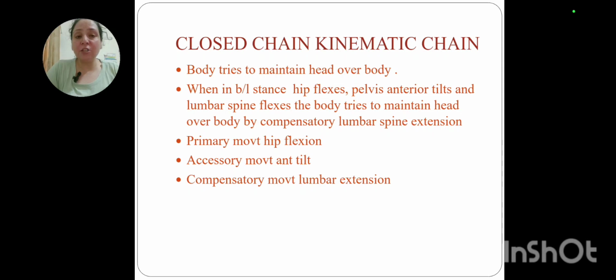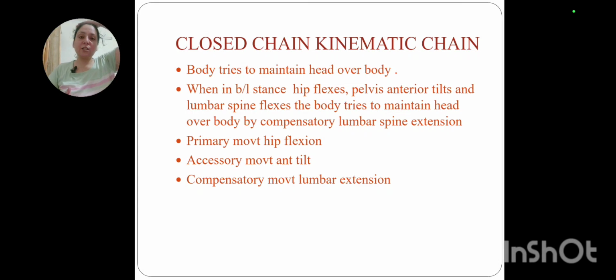That is called closed kinematic chain mechanics. Now we are trying to maintain our position, to maintain the head over the body. So in bilateral stance, the hip flexes, you understand, there will be an anterior pelvic tilt, the lumbar spine goes into flexion, and the body tries to maintain.